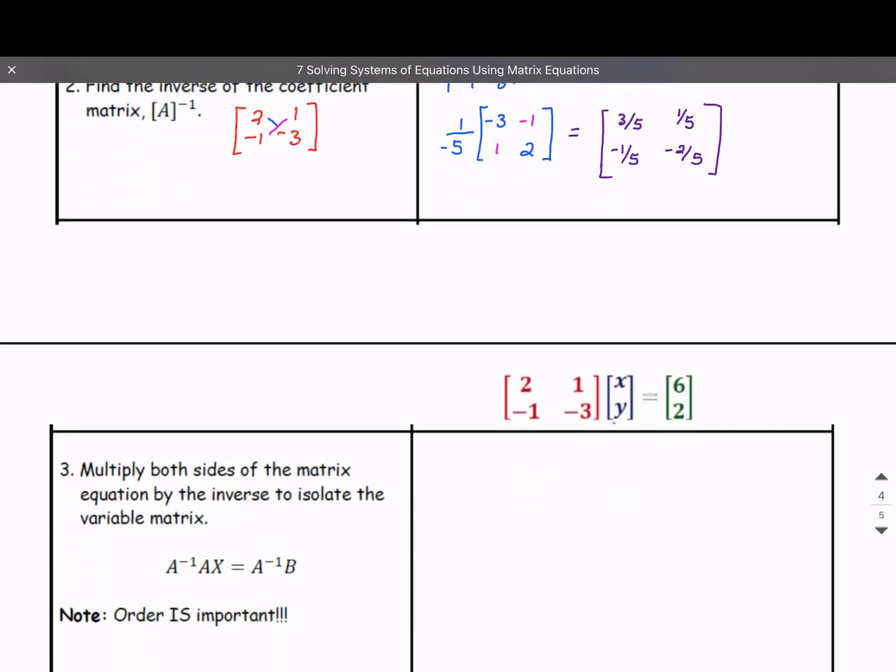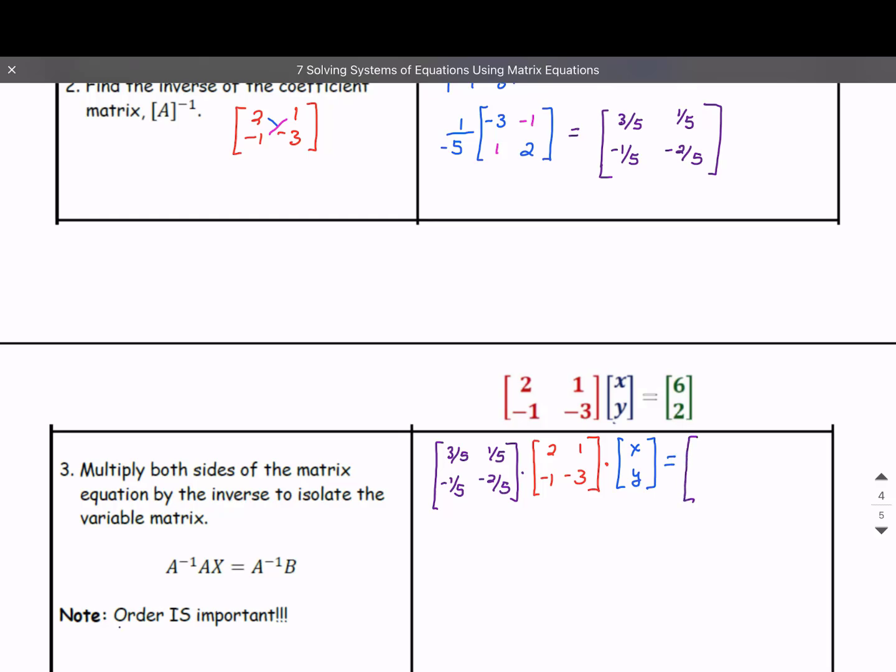I just want to hold that so we can see it, because now what we need to do is multiply both sides of our matrix equation by that inverse. So we're going to have 3/5, negative 1/5, 1/5, negative 2/5 times the coefficient matrix, 2, negative 1, 1, negative 3, times the variable matrix equals the inverse matrix.